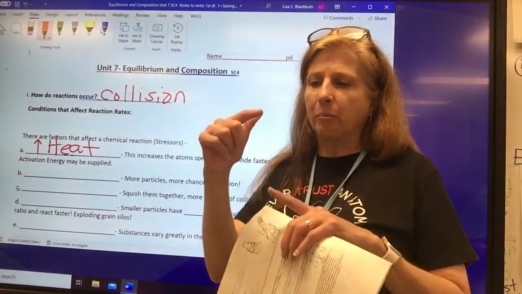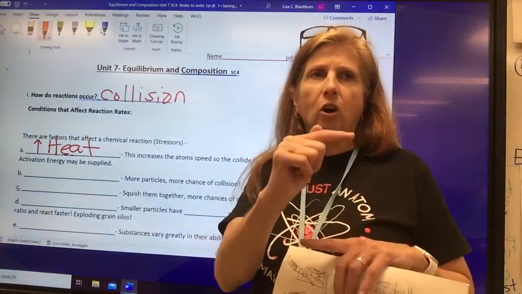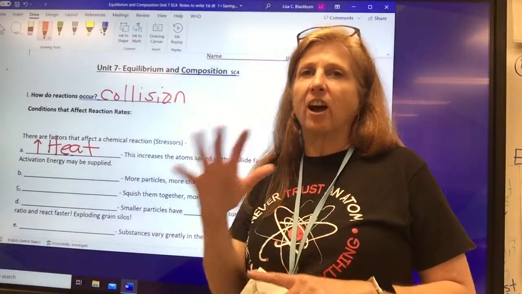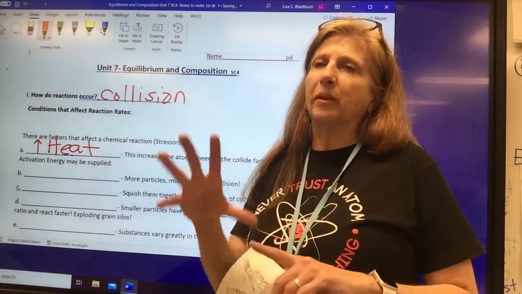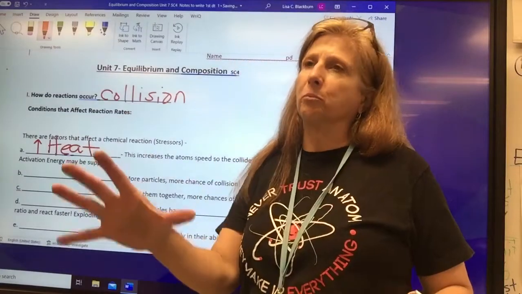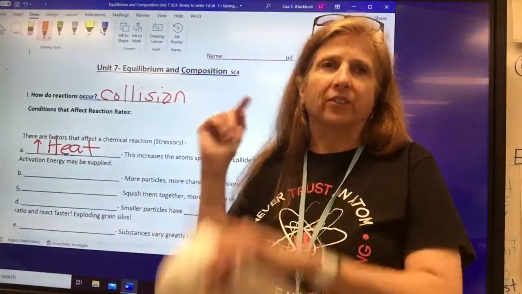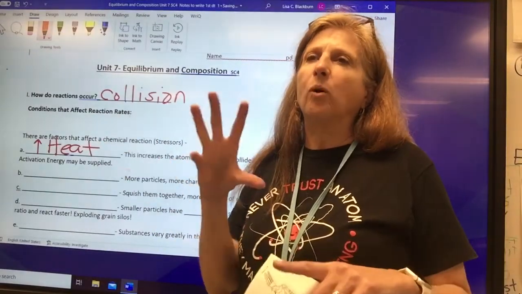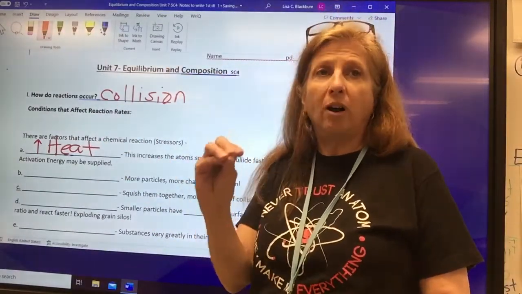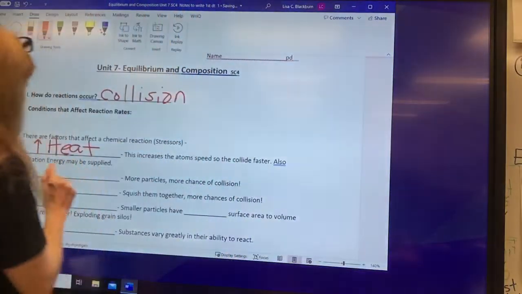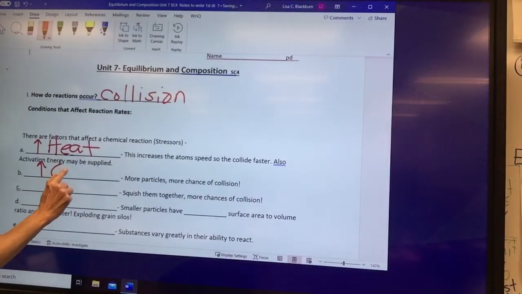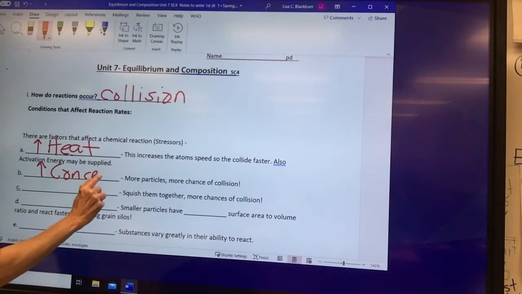You know how you can buy the little bottle of Dawn detergent and it says concentrated, and it's supposed to be that there's less water in the bottle, there's more soap, and you pay more for that little bottle than you do for the little bottle that's not concentrated. It's got more soap particles, less water. So one of the things you can do to increase a reaction is increase the concentration.